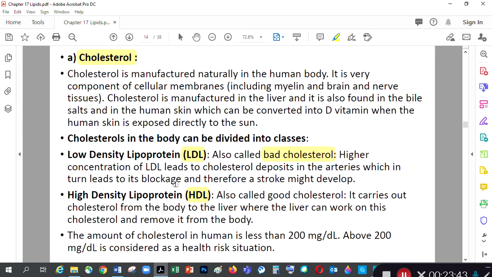So the blockage of the blood stream in and out of the heart can be caused by this low density lipoprotein.